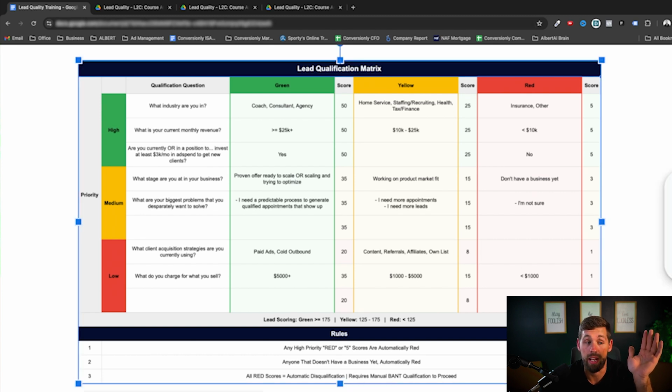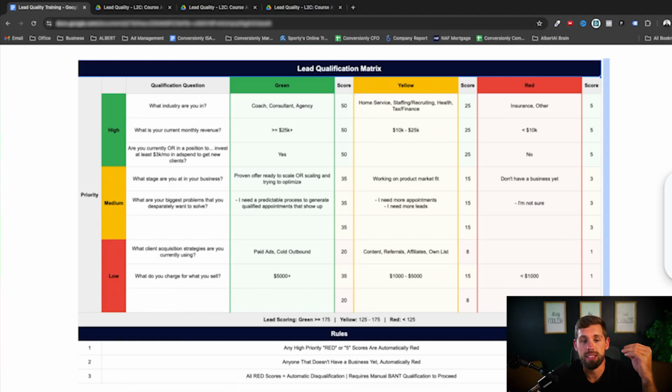That is in our medium priority questions. Now, the reason we add that in our medium priority questions, this could go either way. We do work with a lot of prospects that don't yet have a business. However, they're a serial entrepreneur where they've had 5 other businesses that they've scaled up, they've sold, but they're launching a new product and they want to shortcut the path because they don't have the time, desire, or they have the money to be able to hire an expert company like ours to take care of that problem for them.